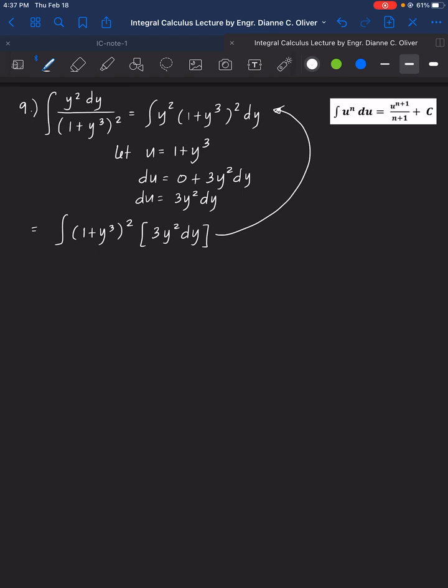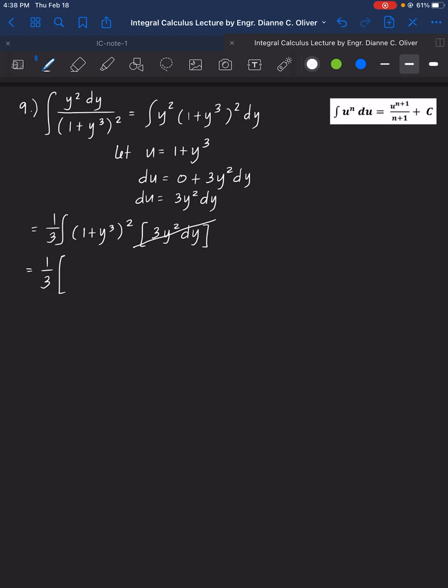So, is this now similar with the given here? No, it's not similar because although we have here u raised to n, and then y squared dy, the constant 3 is not found in the given. So we can balance it by putting 1/3 outside the integral sign, and we can disregard this portion here. So we will just focus on this portion. So that is equal to 1/3.